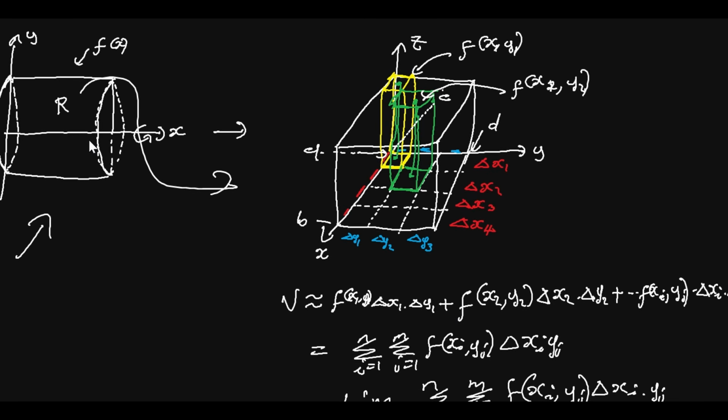Let me use a different color so maybe you can see it, because there's a lot of writing now. Okay, we're moving from c up to d along the y-axis, and from a up to b along the x-axis.